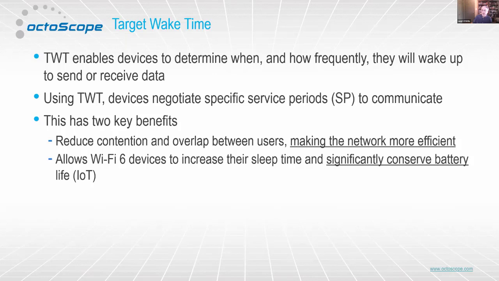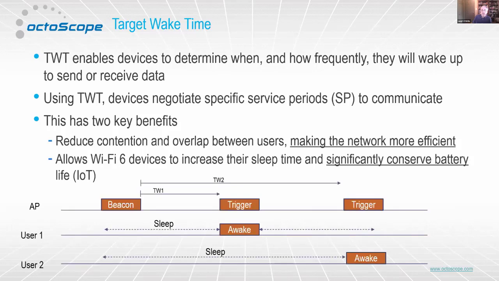So that conserves battery. And the other, which I haven't really mentioned yet, is the ability to reduce contention between the users by avoiding simultaneous transmit of those devices. That makes the network more efficient because you have fewer collisions, and it makes the devices more battery efficient because they only have to send their packets once. Again, we'll talk about that.